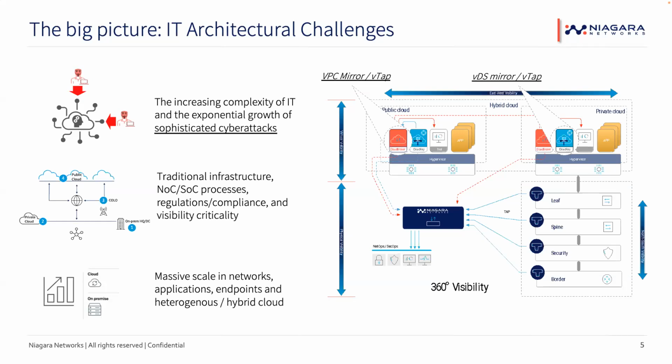But even with VDS port mirroring and AWS VPC mirroring, customers are still faced with the problem of too much traffic. Virtual taps, as part of private and public cloud deployments, have many of the same benefits as physical taps while eliminating many of the drawbacks of traditional SPAN. However, none of those solutions provide a way to aggregate, filter, and intelligently control this traffic.